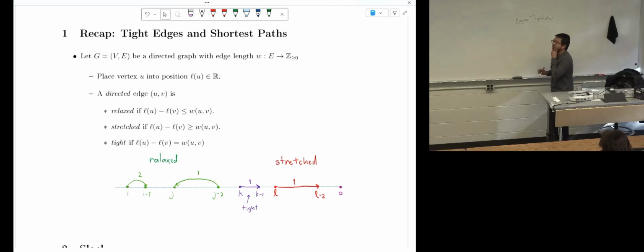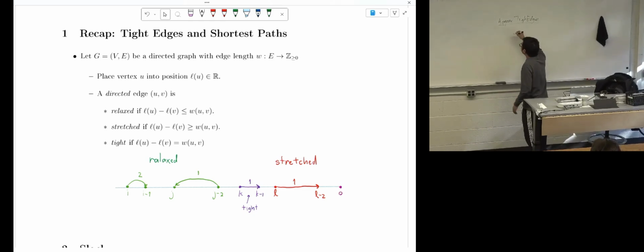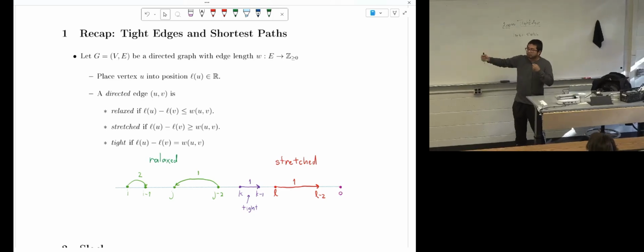The key point is that we used to talk about the 1 plus or minus epsilon stretch notion, which means it's stretched up to some multiplicative factor.